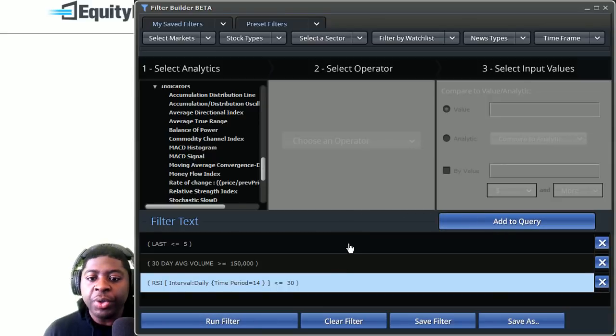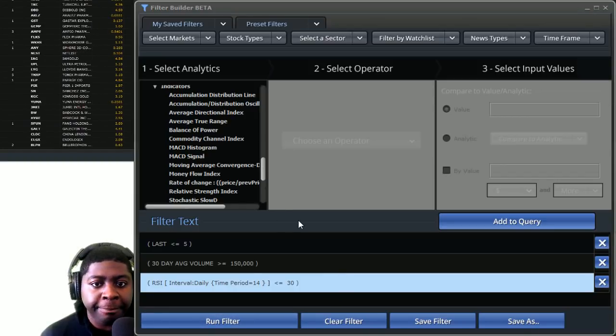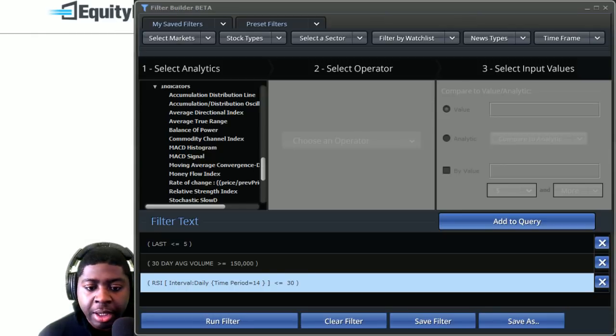So again, I know I said 10, but let's go with 5 because I really want to get you into the penny runners. So 5, 30-day average volume, RSI. Let's go ahead and run this filter. Boom. That easy, folks. I'm going to give it its own screen here in just a second. It's that easy, folks.